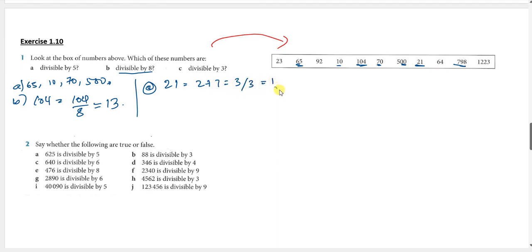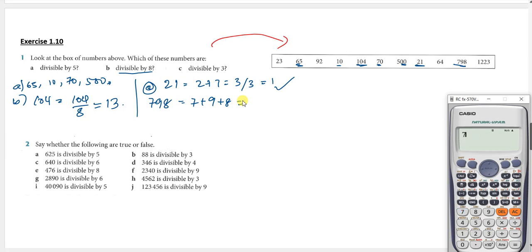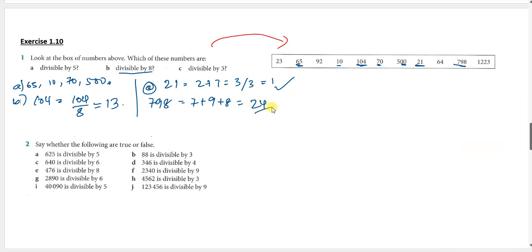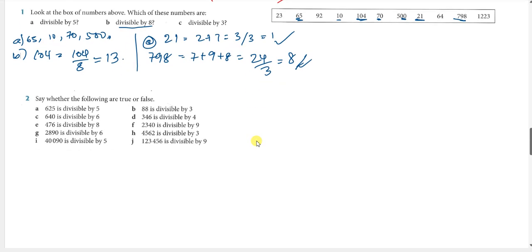So yes, we can. And 798. So 7 plus 9 plus 8, we have 24. Can we divide 24 by 3? Yes, we can. We have 8. So that's it. So for this question, you just have to write these numbers. I think that should give you full marks.